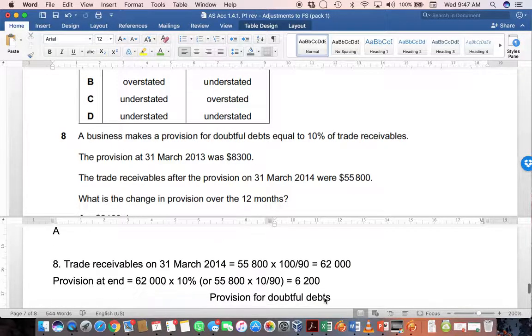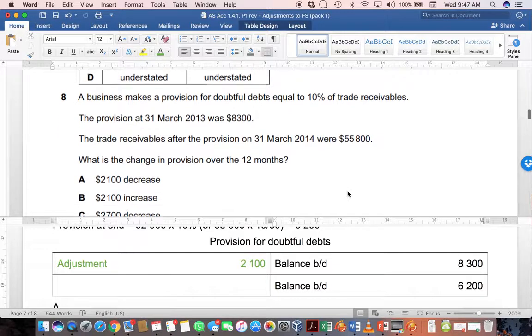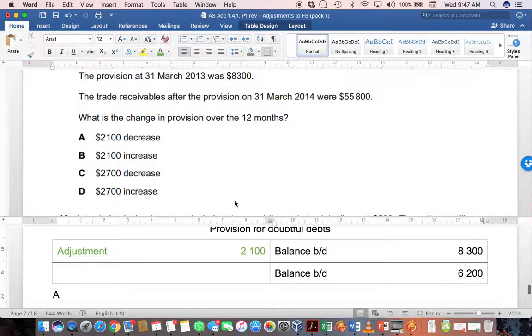Once we've got to that point, you can then recreate your provision for doubtful debts account, showing the 8,300 that it was, the 6,200 that it must be after we've worked all of it out, which means that you would need to adjust it or decrease it by 2,100. We go and look for a decrease of 2,100, and you can see that A will be your answer.